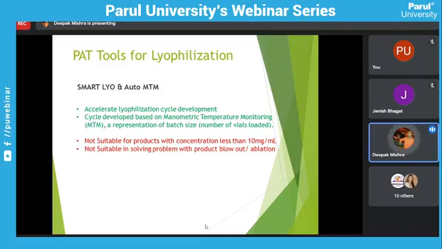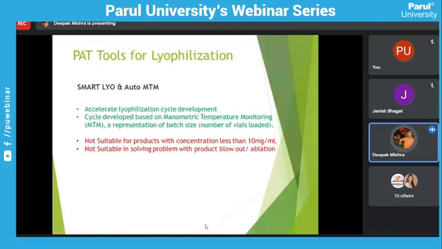If we know them, we can automatically develop almost a final cycle. So we do not need to take 15 to 20 trials for lyophilization cycle development. If we know the basic physicochemical parameters like the formulation and our vials, we can develop the cycle on the basis of 1 or 2 trials. So this is the process of Smart Lyo.